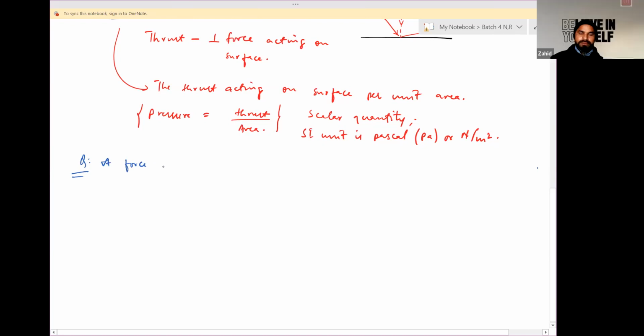A force of 5 Newton acts on a pin to inject it on surface.